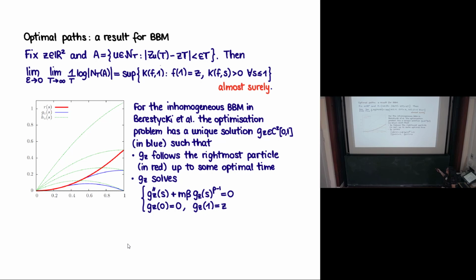And our solutions are the blue ones, so they follow the rightmost path up to some optimal point, and then they move away. But while moving away, they solve a second order ODE. And it's really nice because it's very explicit and it also has a meaning, like following the rightmost particle and then moving away. And this is an open question for our branching random walk.